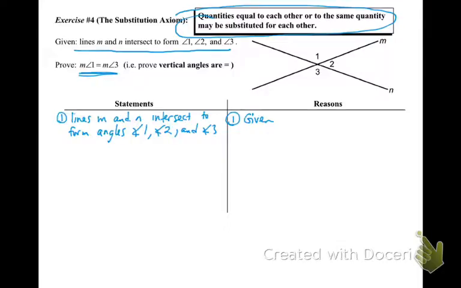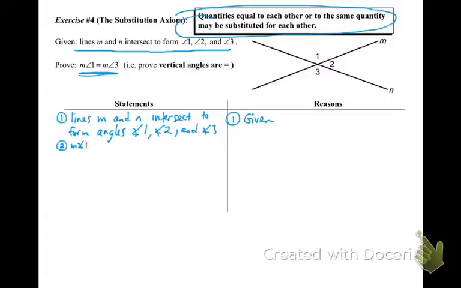Now, we've got to think about facts we know from the given. We have lines M and N. From those facts, we can say that 1 and 2 add to 180. We can also say that 2 and 3 add to 180, because all the angles on a line add to 180 degrees. So that's going to be what we'll put for line 2 and line 3.